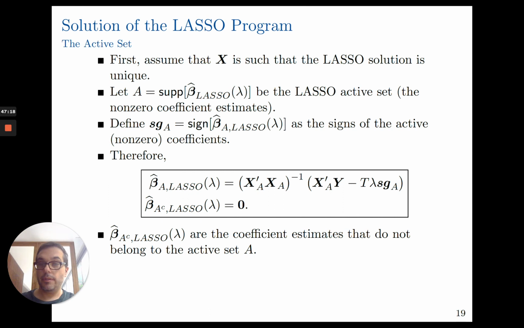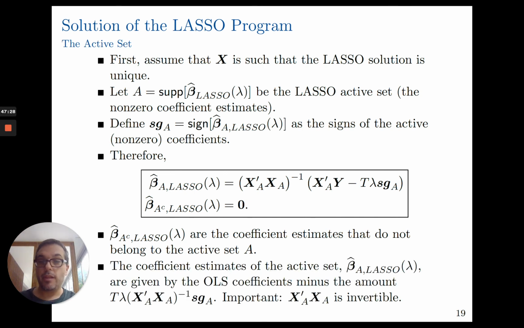So as I have already mentioned, beta hat AC are the coefficient estimates that do not belong to the active set. The coefficient estimates of the active set, beta hat A, are given by the OLS coefficients minus this amount here, which is exactly the shrinkage amount. Another important point is that XA prime XA will be invertible because we are working just with the active set.